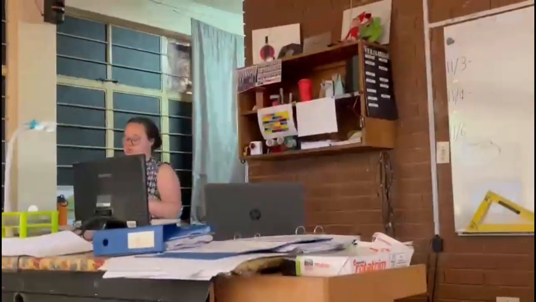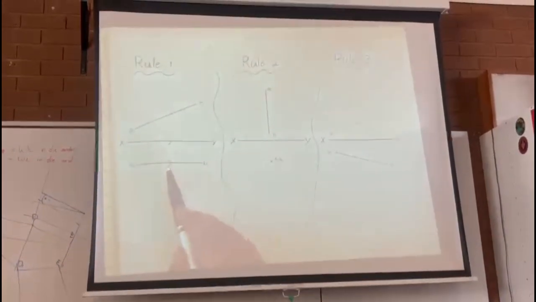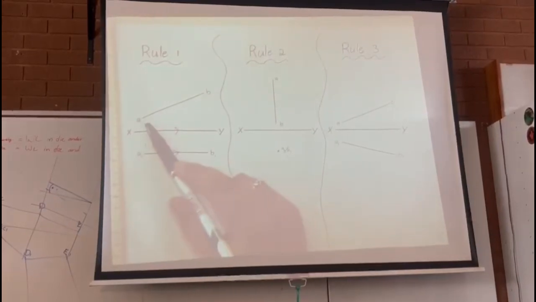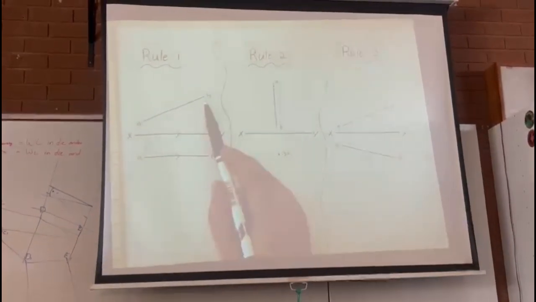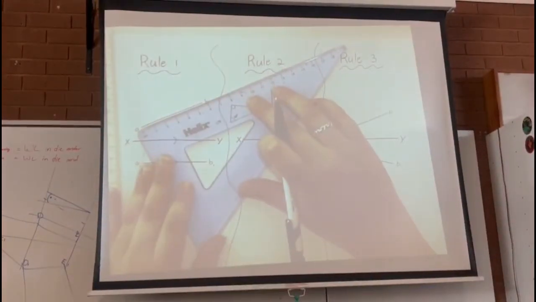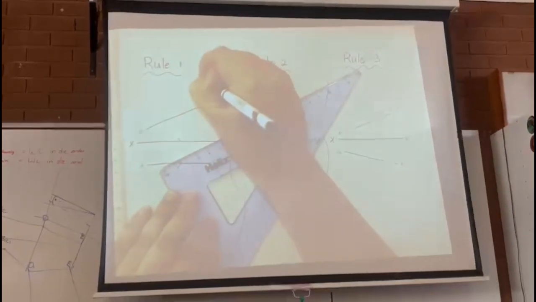So, to find the true length and the true inclination of a form, we would have to look at 3 rules. The first rule would be, if one line is parallel to the xy line, that would mean the line on the other view would be its true length. So then we would just take our ruler, and it would be 55 millimeters.